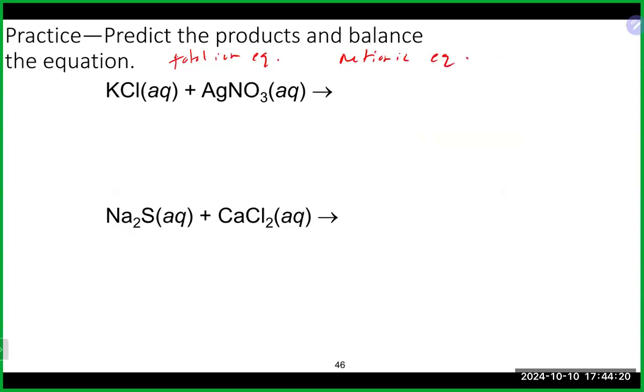And actually, I will change this, let's do this one, and let's do this one there. See what you come up with. So obviously molecular equation as well.